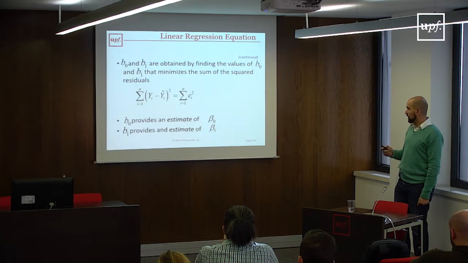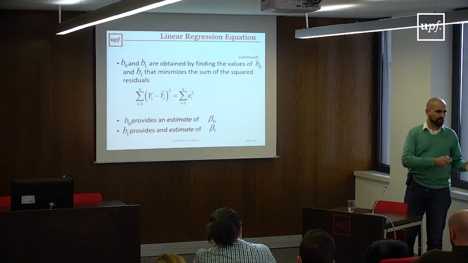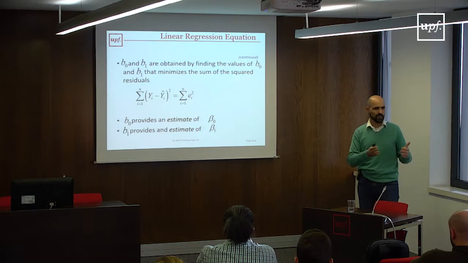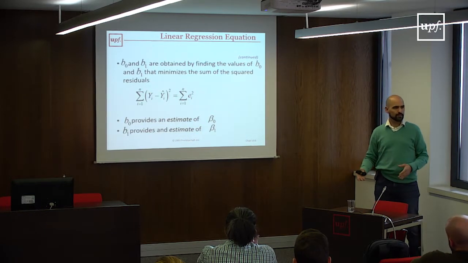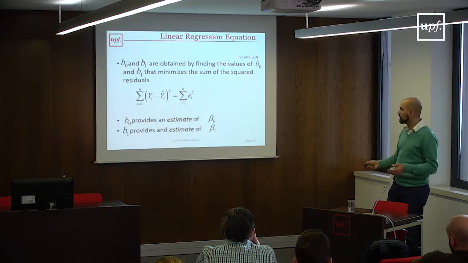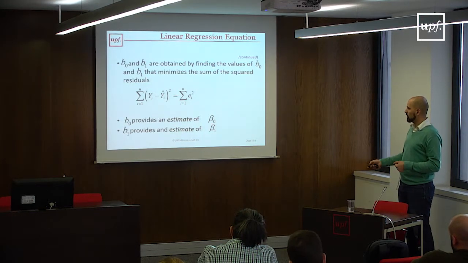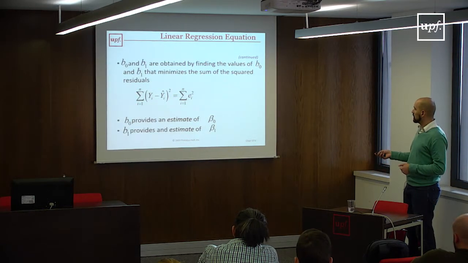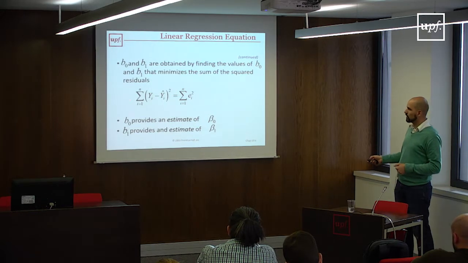So, well, this is what we have commented. As it happened for the Anova analysis, for the regression analysis it is the same. We have a real value that we don't know, so we try to estimate it. So we have a real slope that we will never know, and an estimated one. And we can estimate beta 0 and beta 1 using B0 and B1, using again minimizing the sum of the squares of the residuals.